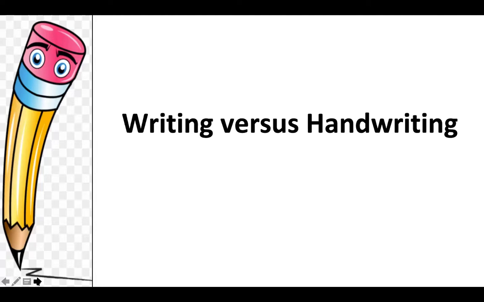So when we talk about lined paper, that's not writing. When we talk about sentence stems, that's not writing. That's not where the children are coming up with their own ideas. Tracing sentences is not writing. A lot of those are handwriting. So we all do, and I see it with my granddaughter's kindergarten too, lots and lots of sentence stems.